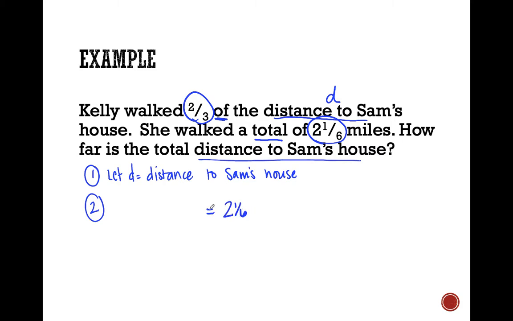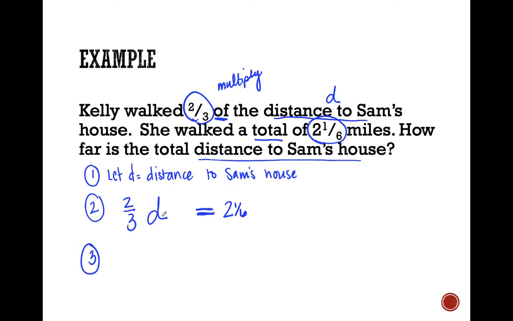So I like to write that first equals 2 1/6. Remember that of means multiplication. So what this is saying is she's 2/3 times the total distance is what she has walked so far. So 2/3 times D is equal to the 2 1/6 miles that she has walked so far. What we're going to do is now solve this, and that will tell us how far Sam's house actually is.